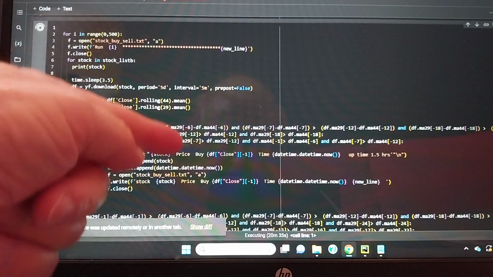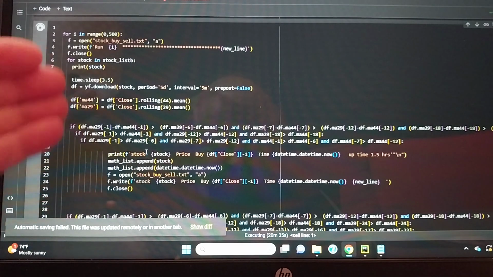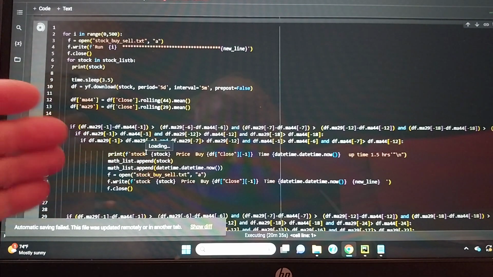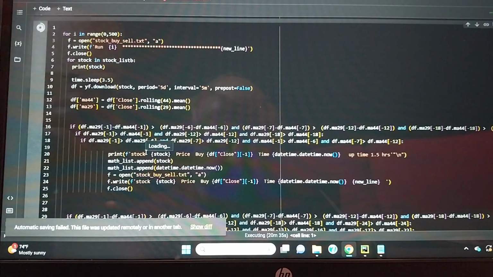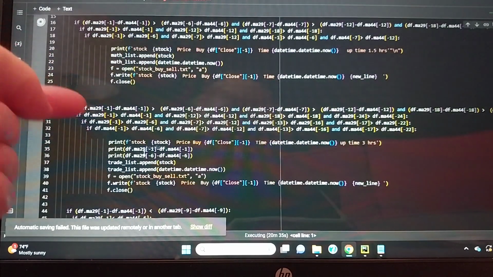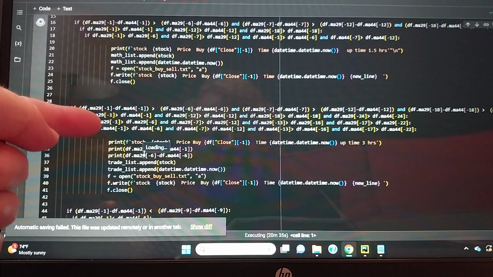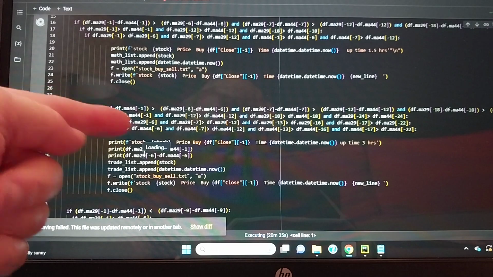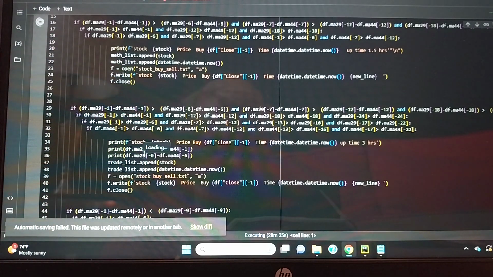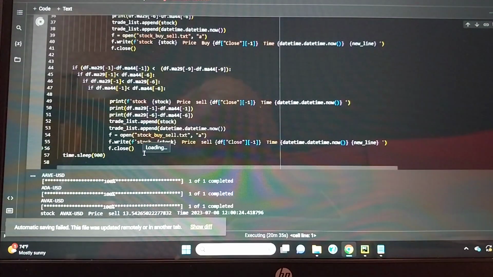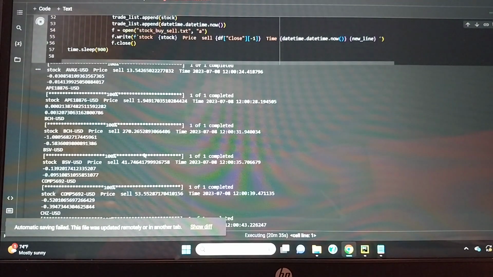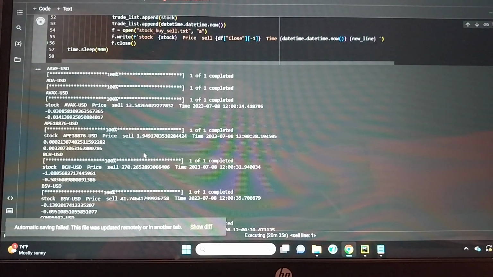So if all three of these conditions are met, then we put this on the buy list. And here is just the opposite. If it's going down, it ends up on the sell list. So right here, we can take a look at the stocks right now.